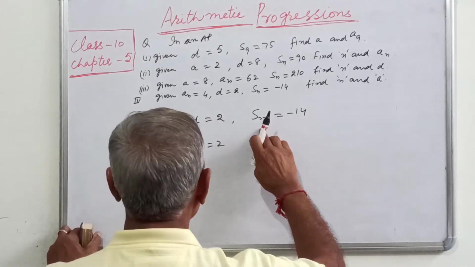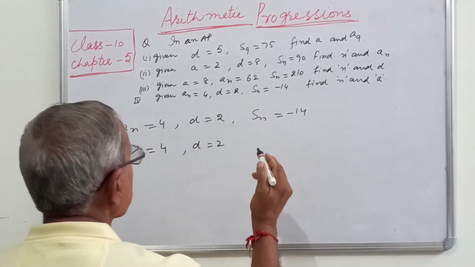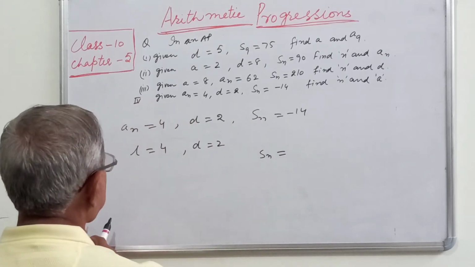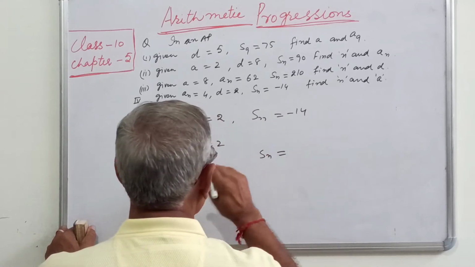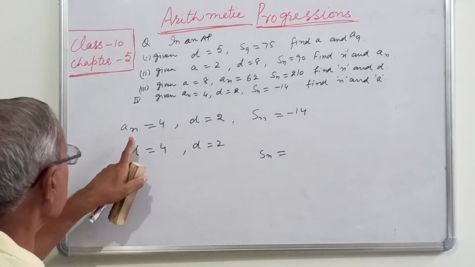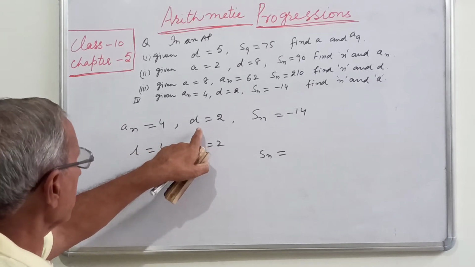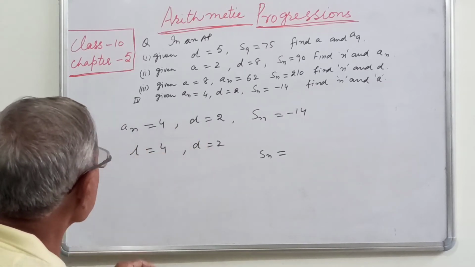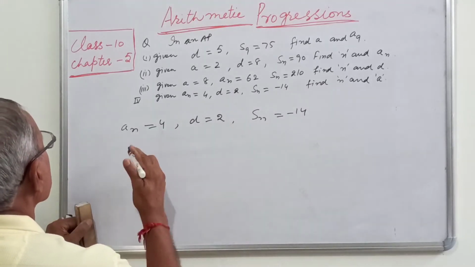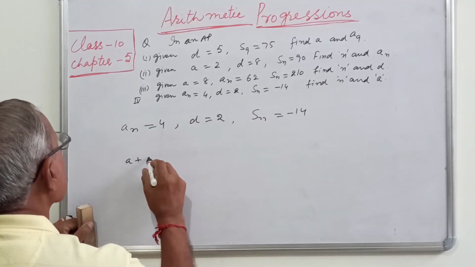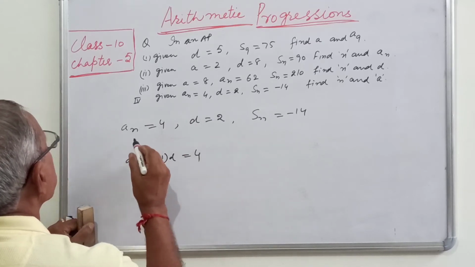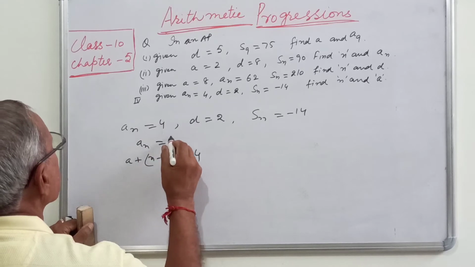So putting value of Sn, first we take the value of a, because we have to find the value of a here by using a formula of an. So an is equal to a plus n minus 1 into d is equal to 4.